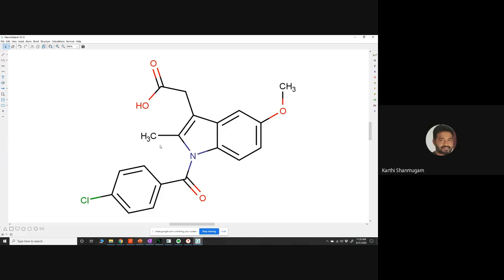Is my cursor visible? Okay, so can we call this a methyl group or not? No, sir. Alkoxy group, sir. Okay, so you mean that we cannot call this methyl, right? Yes, sir.